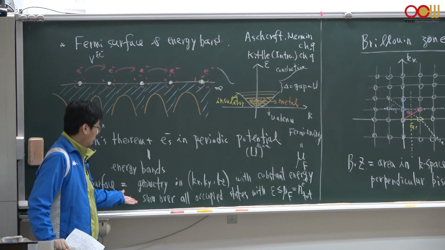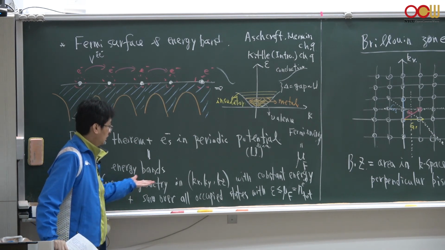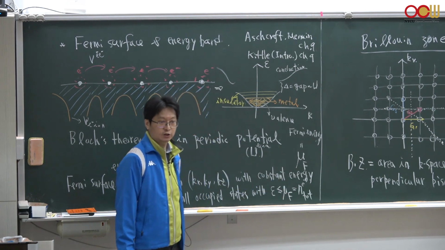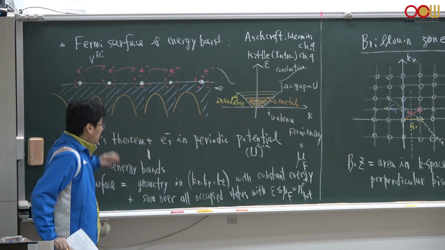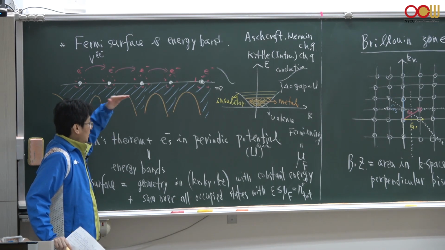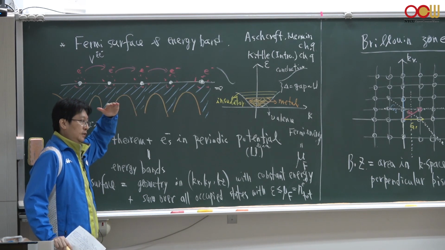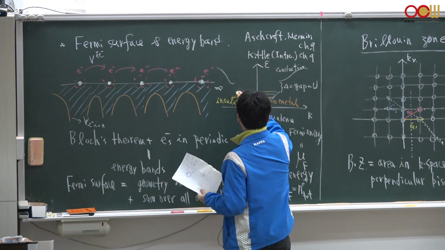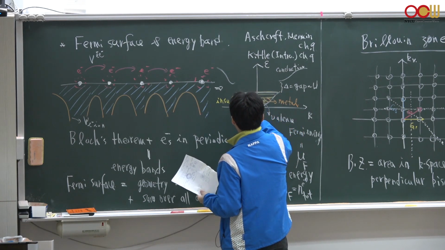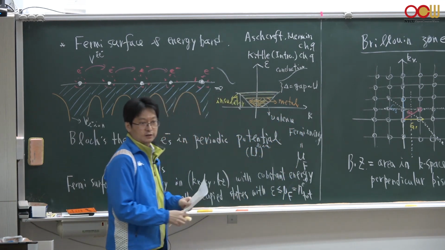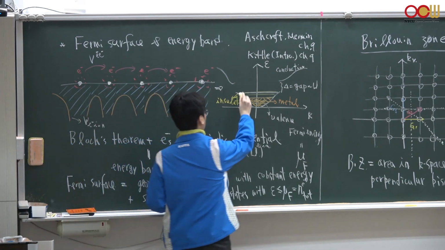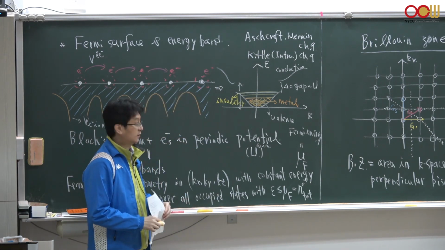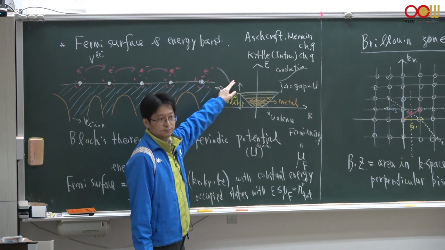So if you sum over all the occupied states with energy epsilon less than or equal to mu f, you get the total number of electrons, which means that this energy, mu f, records the highest energy populated by the electrons, below which all the states are occupied, and above which the electron states do not populate, the conduction band, for example.